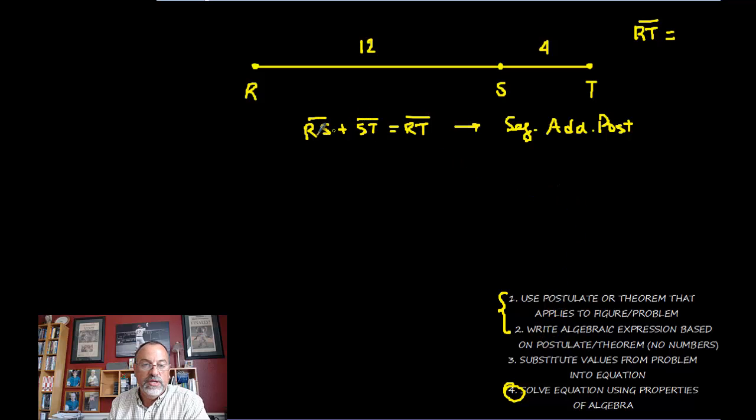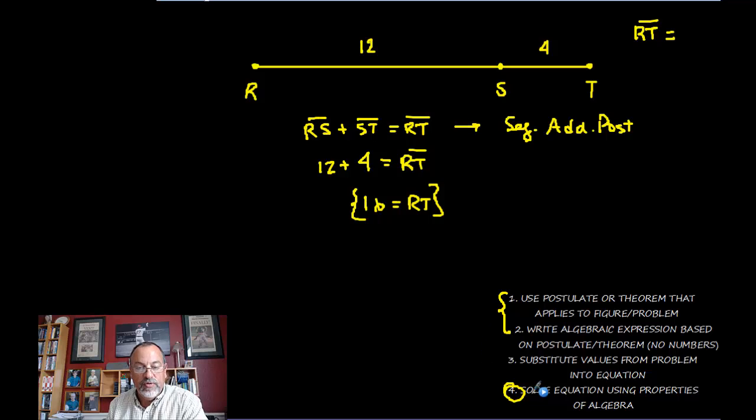Now I can substitute in. What is the length of RS? Well, that's 12. Plus, what is the length of ST? Well, that's 4. And that's going to give me the length of RT. RT is 16. So again, you were right that RT was 16, but you jumped right to here, because that's usually been your focus in the past.